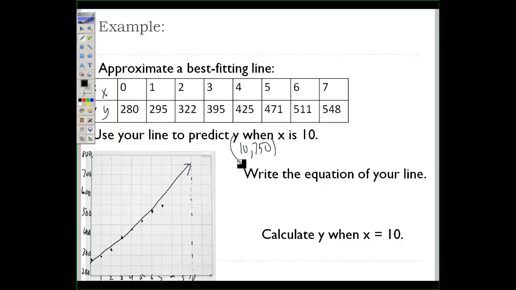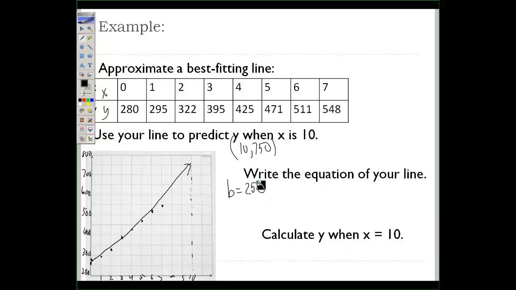Okay. But that's not good enough. I actually want the equation of this line. So what I'm going to do is this. I know I have 2 points. And I know I have an intercept. I know that I wrote my intercept right at 250. So my b value, my y-intercept of this line, is 250.